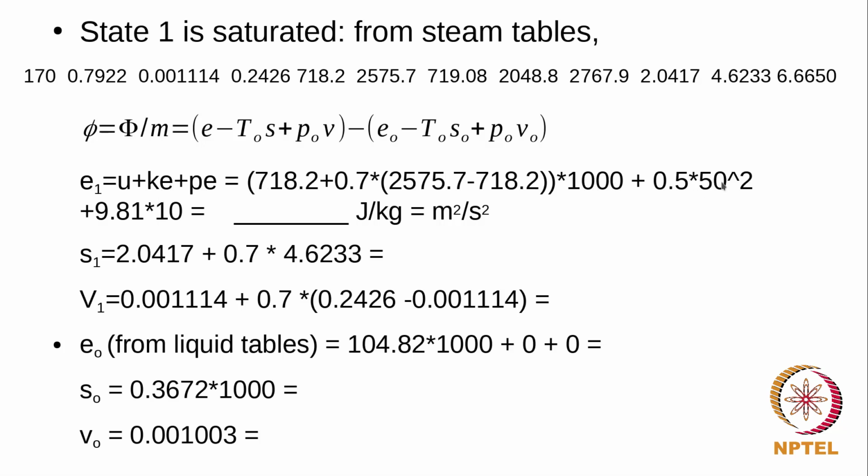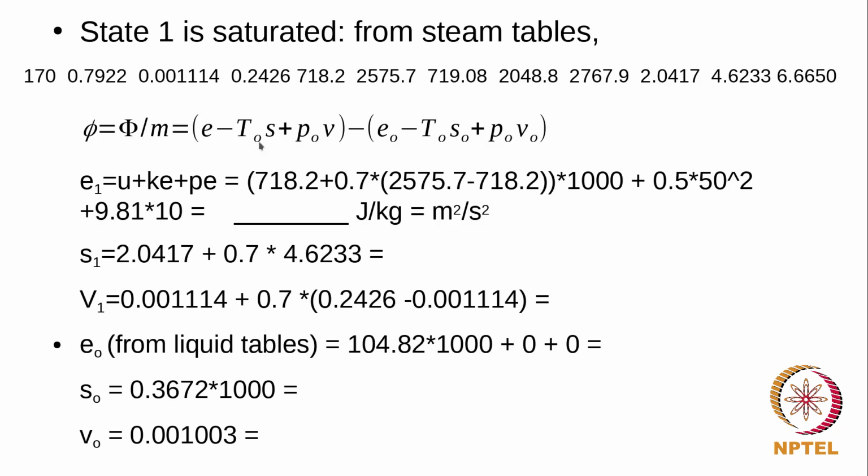The velocity of the steam is given as 50 meters per second, so that's 50 square divided by 2, or into 0.5. And potential energy is g into z. g is 9.81 meters per second square into z is 10 meters. So I can calculate this. I will encourage you to do it and you should get an answer for this. It will have units of either joule per kg or meter square per second square. So this calculation gives us essentially this term.